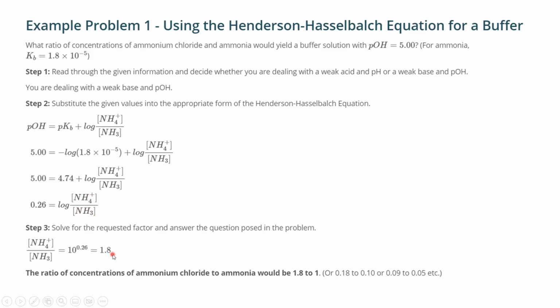So we'll see we're going to have a ratio of 1.8 in this case. And with this one, that means we're going to have more of the ammonium than we will the ammonia. So the other one was 0.58, meaning we had more of the denominator. But in this case, since we've got a number greater than 1, we're going to have more of the numerator.